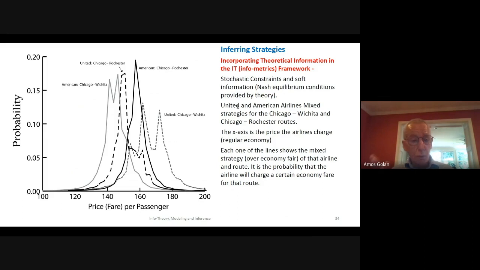You think American versus United, in routes where they dominate the market, where they have the biggest market share. So I can assume that those two dominate the market, so they play a certain game. And so the issue here is, how should I specify the constraints? There are data that one can use, which are easy to use. You can construct the demand, the cost, and so on, but also the strategy.